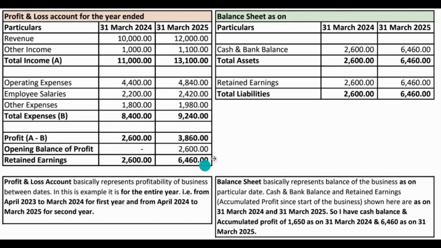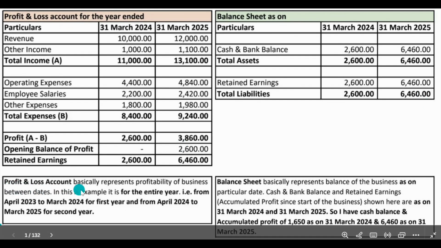We write 6,460 in retained earning, that is accumulated profit, in the second year. At the same time, we generate cash and bank balance of the same amount, that is 2,600 opening cash and bank balance plus profit during the year of 3,860. So cash and bank balance for the second year is also 6,460. So total assets for the second year is 6,460 and total liabilities is 6,460.